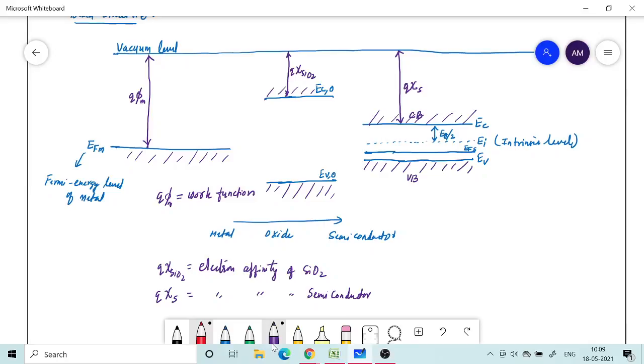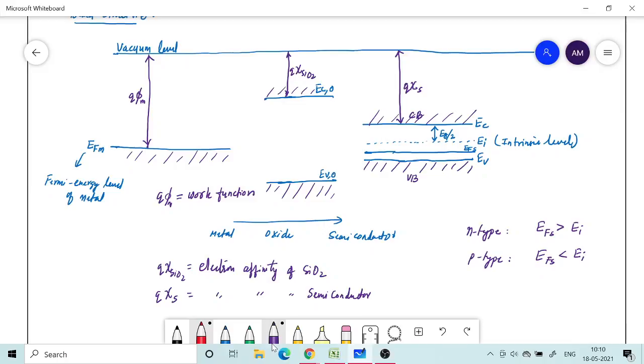So for n-type, EFS will be greater than EI. It will go upward. For p-type, EFS will be below EI. So what I have drawn is for a p-type semiconductor.